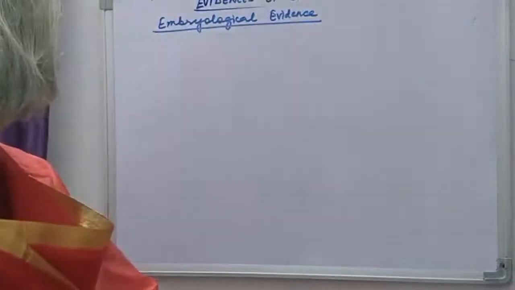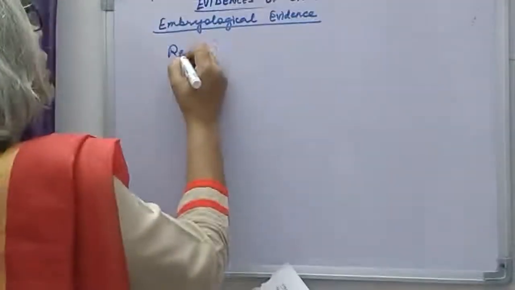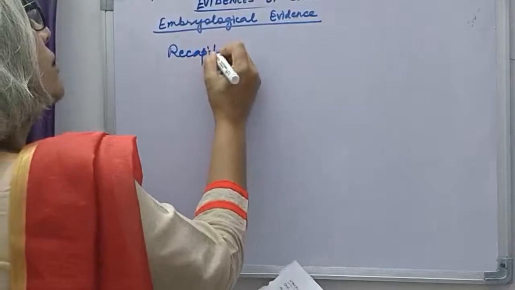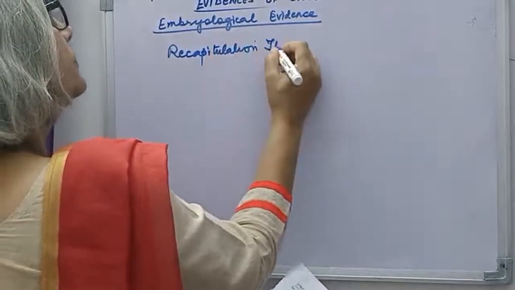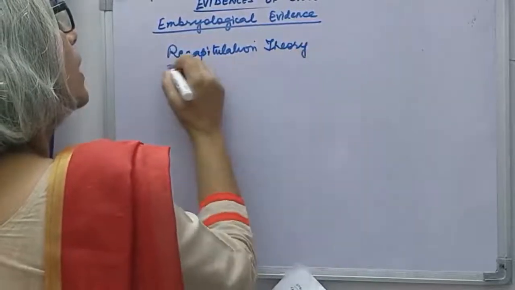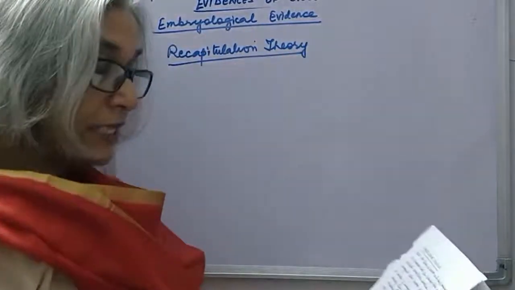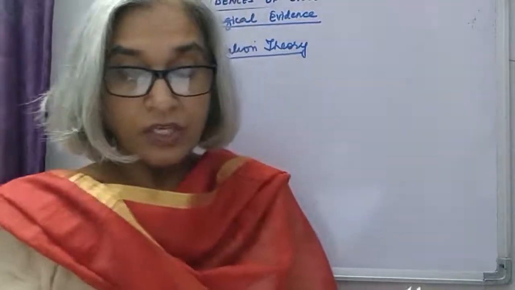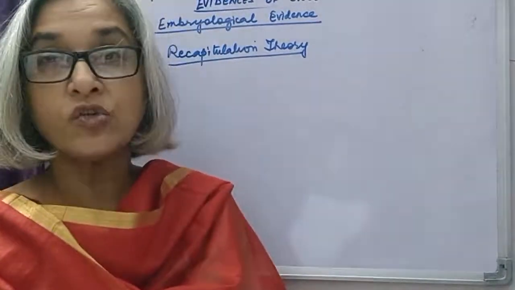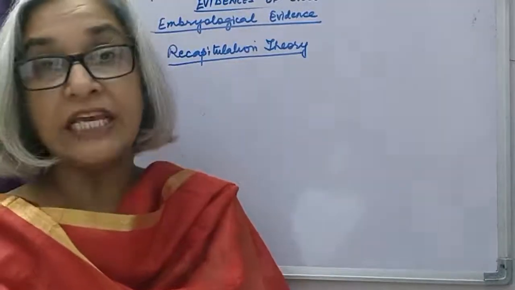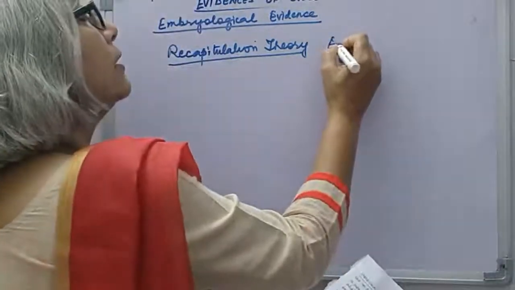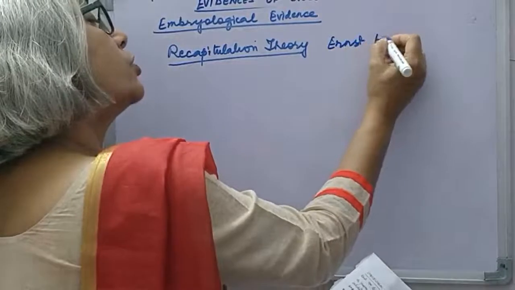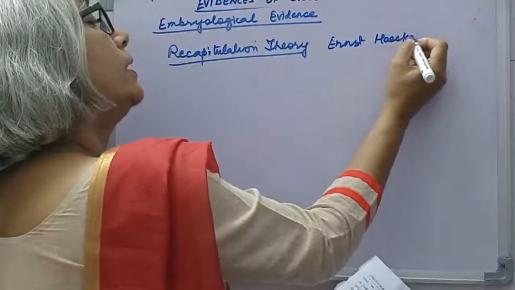Then we come to the recapitulation theory. In embryology, recapitulation theory is important. This theory is based on the developmental history of animals, and Ernest Haeckel proposed this theory.